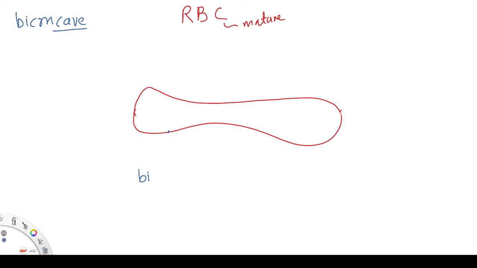The overall diameter of an RBC is about 7 micrometers. That's very important. What is the diameter of the lumen of an artery? Let's start with the aorta. It depends on the person, but about an inch.